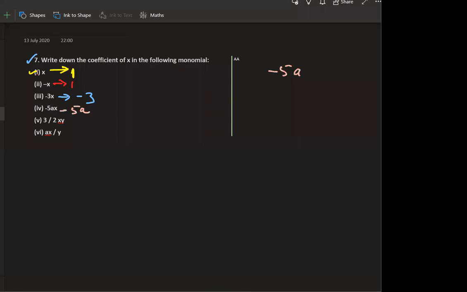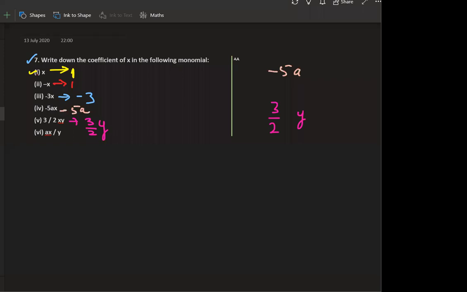Okay. Next, what is the coefficient of x in 3 upon 2 xy? So we have to find the coefficient of x. So remove x, what will you get? 3 upon 2 y. This is the coefficient.